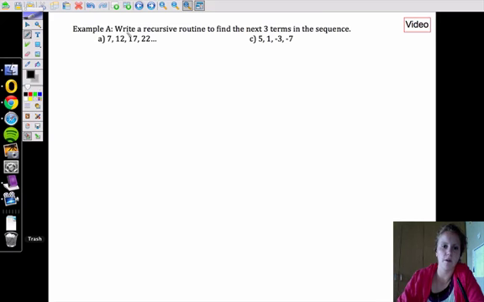Here we're asked to write a recursive routine for the next 3 terms in the sequence. So first of all, we need to write this routine. So I'm noticing here that we start at 7. And then what's happening each time here as we go from 7 to 12, 12 to 17, 17 to 22, I'm noticing that we are adding 5 each time.